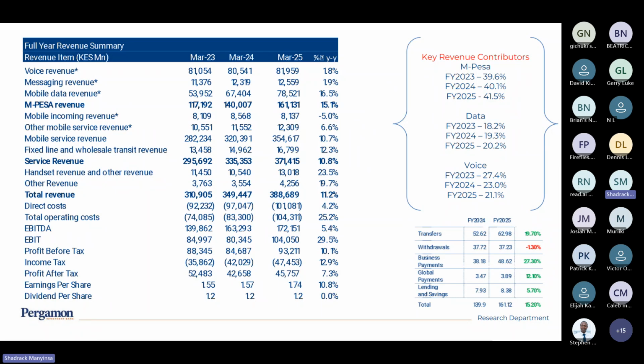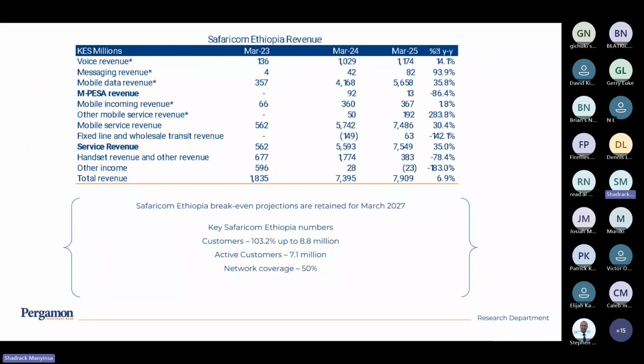So that hit the profitability of Kenya. But if you exclude Safaricom Ethiopia and see how the performance is, Safaricom remains the best performing company, followed by some banks, which we shall discuss.